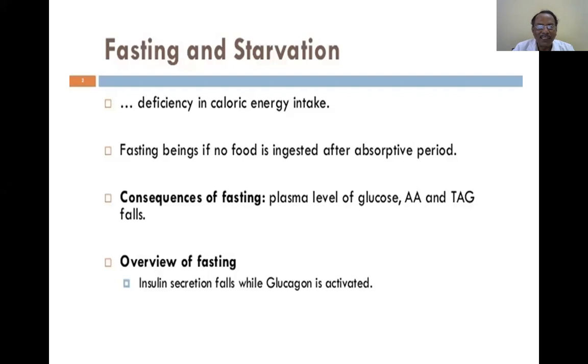But as far as the human being is concerned, they have a habit of taking food at regular intervals, maybe 3 times a day. Once the night food is taken, and then in the morning, the time span in between is 8 to 14 hours.